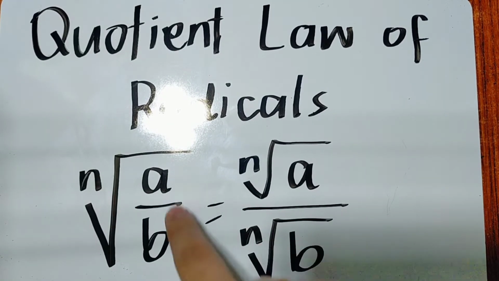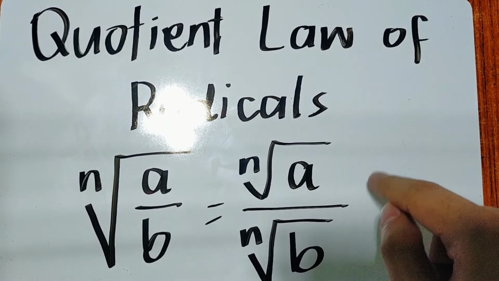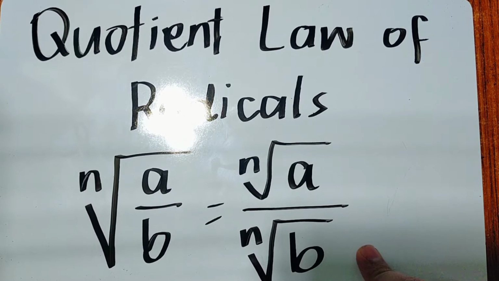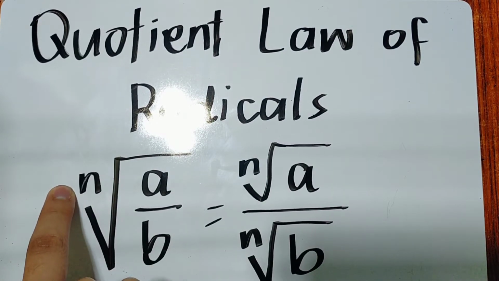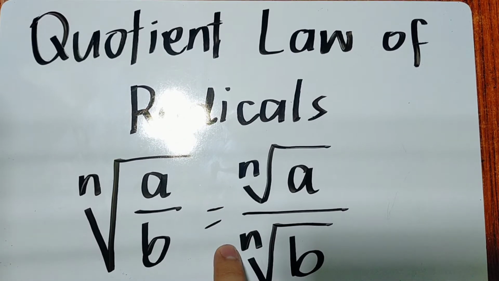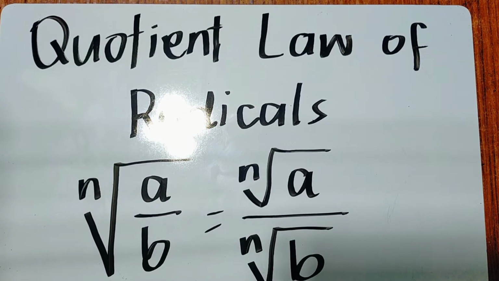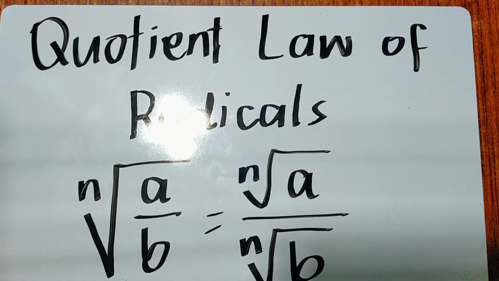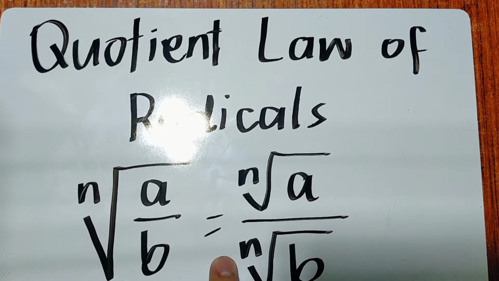What we have to do is to separate them in the numerator and in the denominator part. Kung ano ang index natin, yun din na magiging index ng dalawa. So, no need to change the index. Kung ano yung index na given natin dito, yun yung magiging index nilang dalawa.